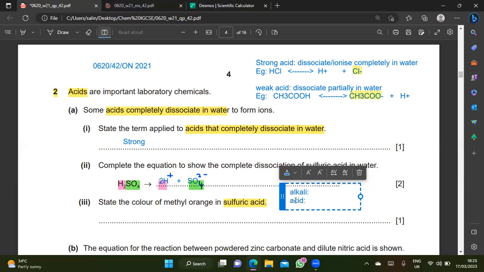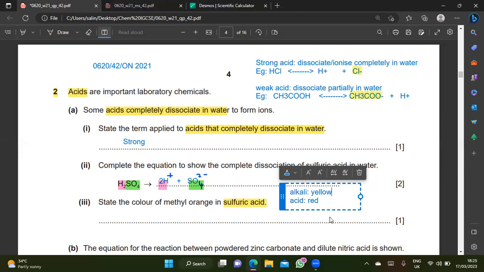Now normally the easiest way to remember is your pH paper. What is the pH paper color for acid? Red, isn't it? That's how you try to remember. Okay, it is red. Done. What about in alkali? It's actually yellow.